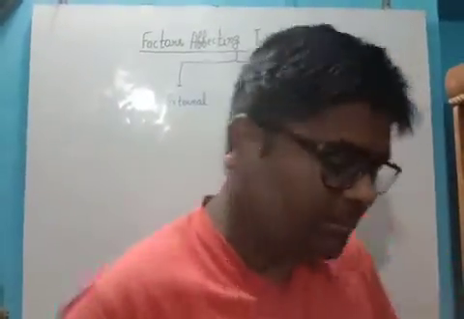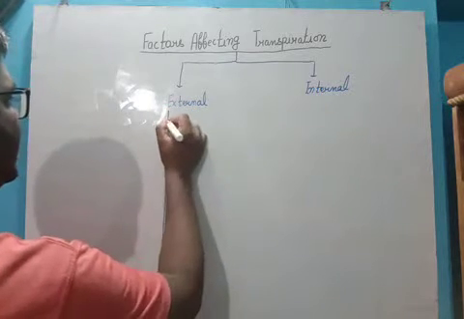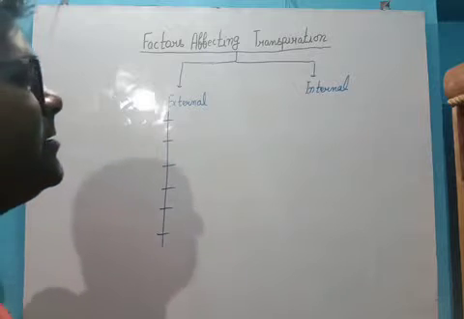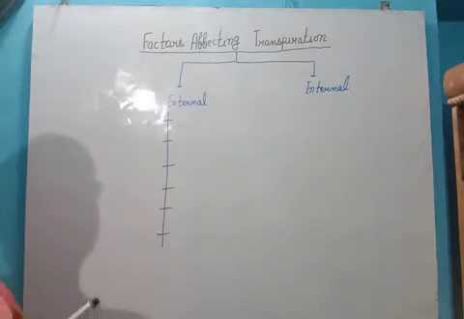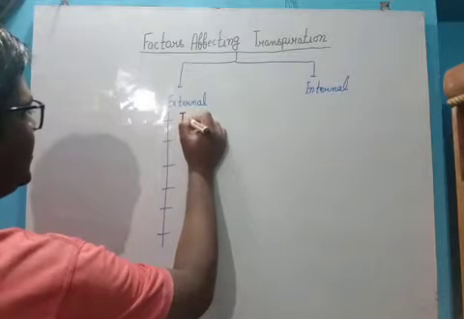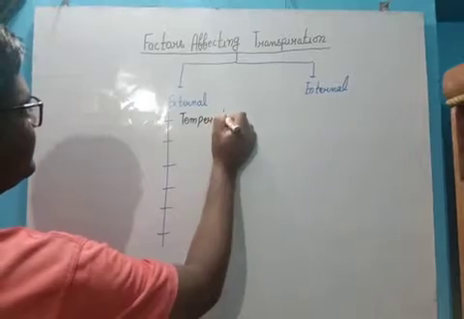One by one we will have the detailing of the external factors, and it is followed by internal. So try to understand, when we have external, the first factor is known as temperature.